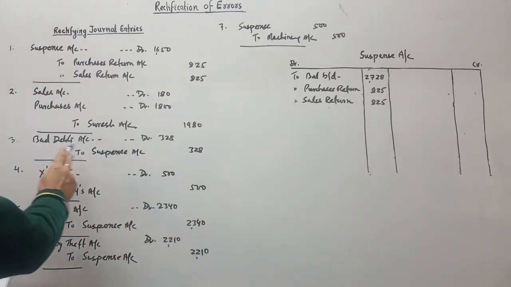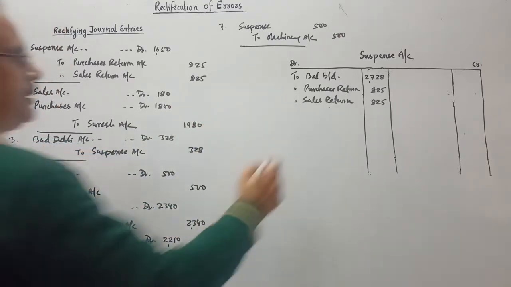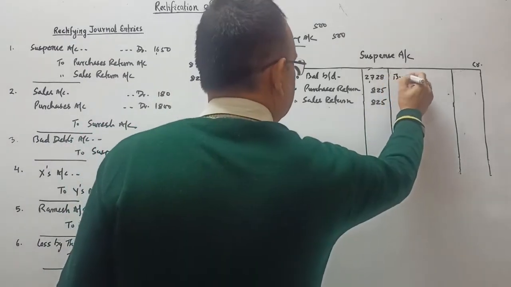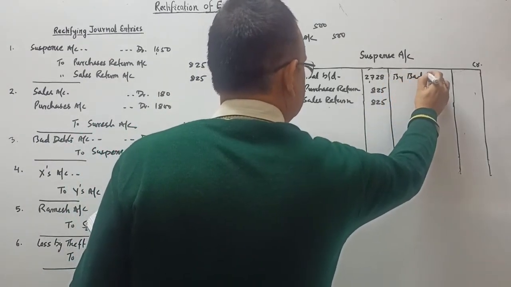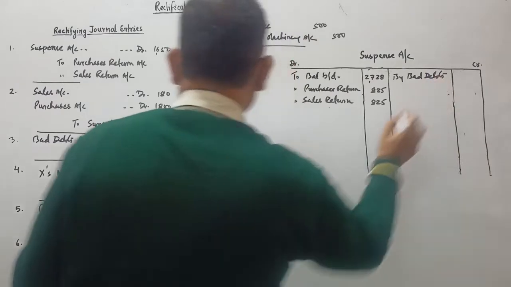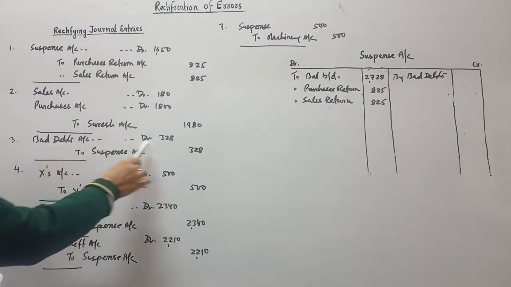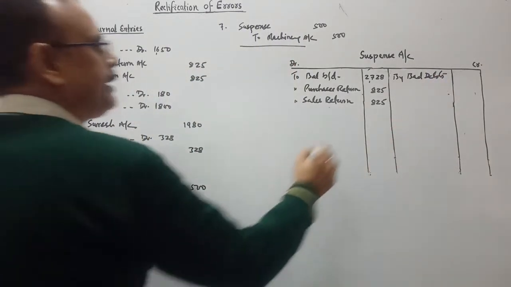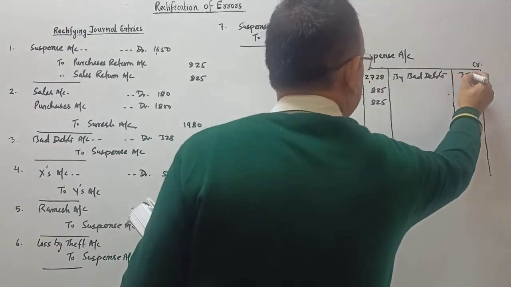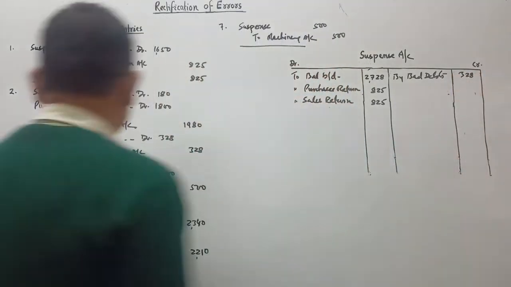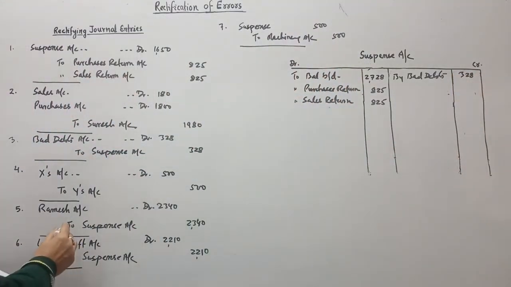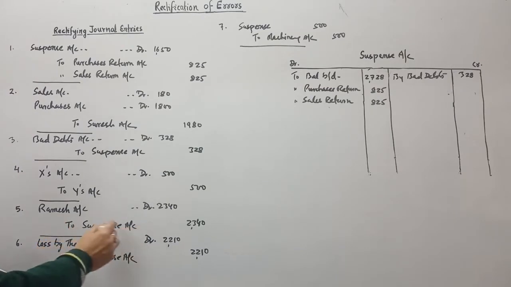What will we write? By bad debts, amount is 328. Next is suspense, which is on credit.